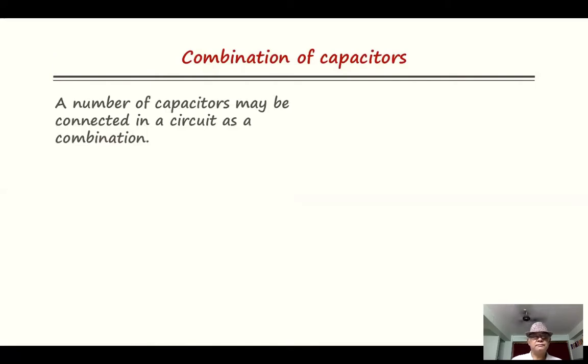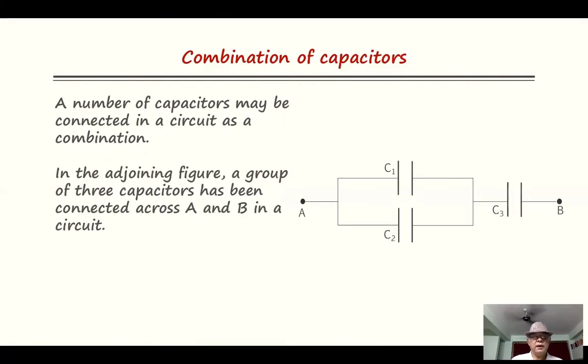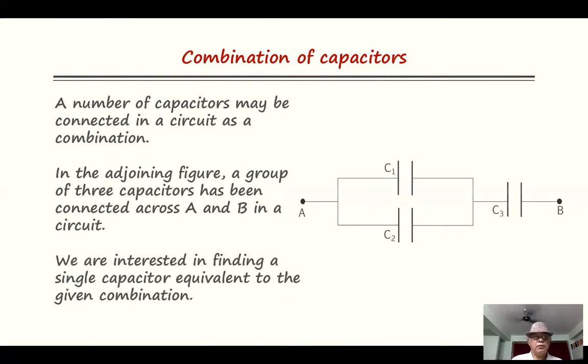Combination of capacitors. A number of capacitors may be connected in a circuit as a combination. In the adjoining figure, a group of 3 capacitors has been connected across A and B in a circuit. We are interested in finding a single capacitor equivalent to the given combination.